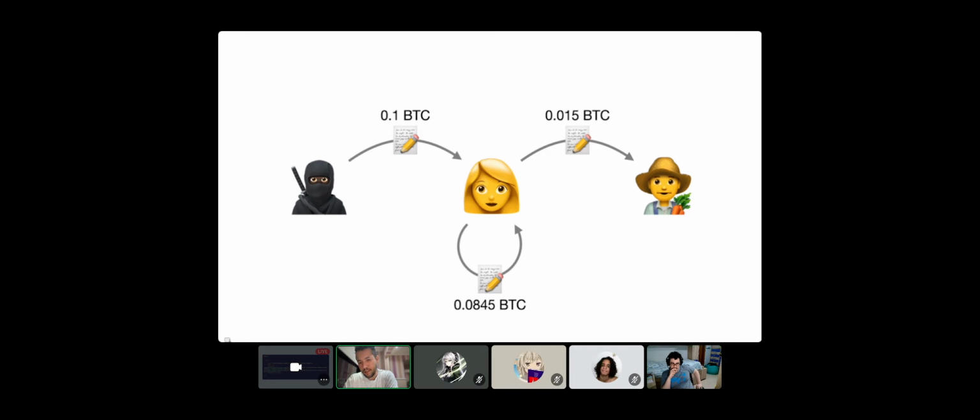One output is a new token that she's sending to Bob, and the other one is a new token that she's giving herself. So every time you have a remainder, you need to send it back to yourself. Every time you have change, you have to deal with the change yourself. Okay? I can't help but notice that the outputs add up to less than the one that we had before. Yeah, so that's the fee.